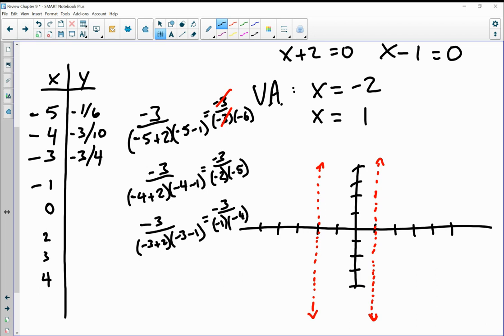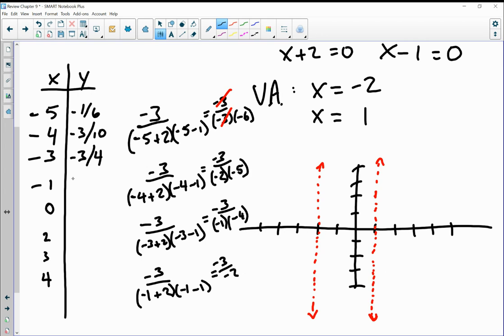Okay, -1. So that gives us -3 over, that's 1 times -2, so -2.